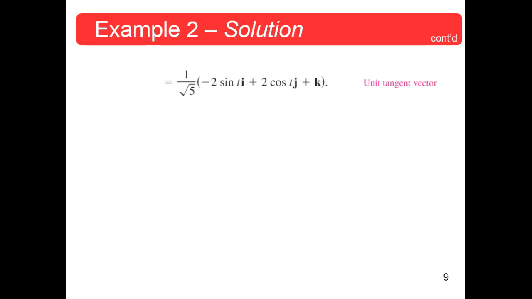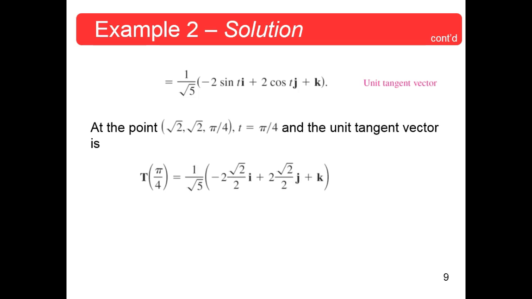So sorry, root 5, 1 over root 5 is over every one of those terms. Root 5 is under each of those terms. Now at that point, the unit tangent vector is this. And plug that in. And of course, your root 2 over 2, when you multiply by 2, minus 2, gives you minus root 2 plus root 2 plus 1, all over root 5.